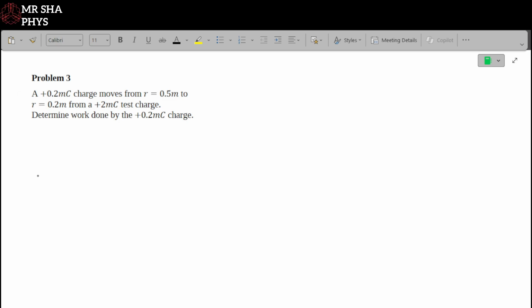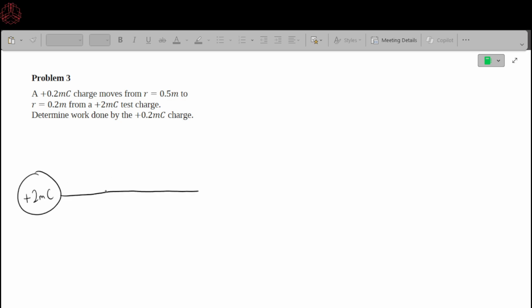So if we were to just draw it out, I will have positive 2 millicoulomb, and let's say we have some distance, R equals to 0.2, and then R equals to 0.5. So initially the charge is here, so it's going to be positive 0.2 mC, and then it's moved to here, final position. Again, I have positive 0.2 millicoulomb.